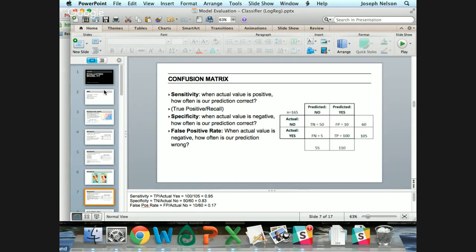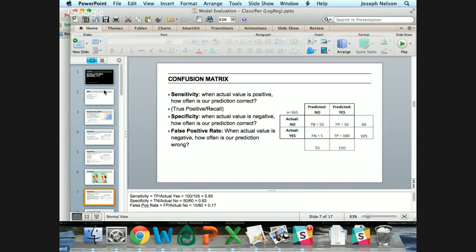The next thing is the false positive rate, which is just, when the actual value is negative, how often is our prediction wrong? So the false positive rate is just the rate of false positives. It's false positives divided by actual no's.